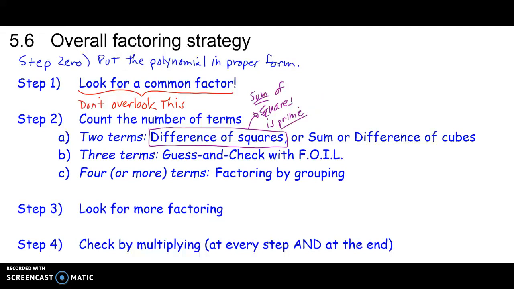Or if you've got 2 terms, it could be a sum or difference of cubes, and that's covered in section 5.5. Here in Math 89, we're not going to cover that until week 1, so don't expect to see any homework problems on that. Or if you do, don't worry, we're covering it in week 1 well before the due date.